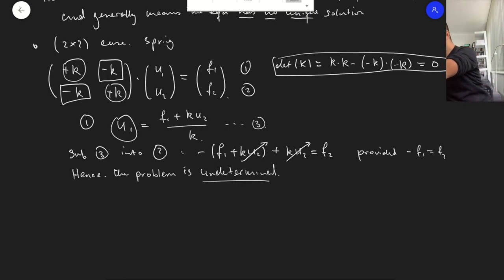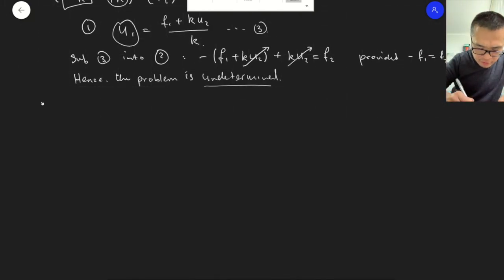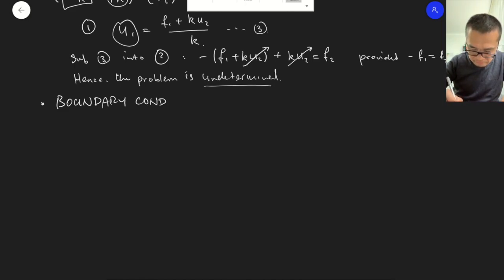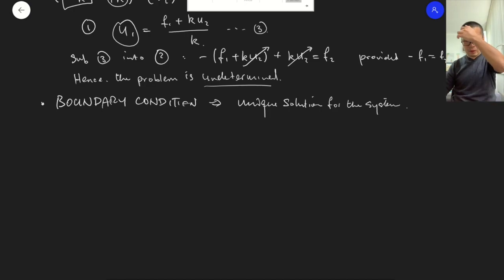But, right, if we give the system a boundary condition, then we will be able to come up with a unique solution for the system, or in this case, the deformation.